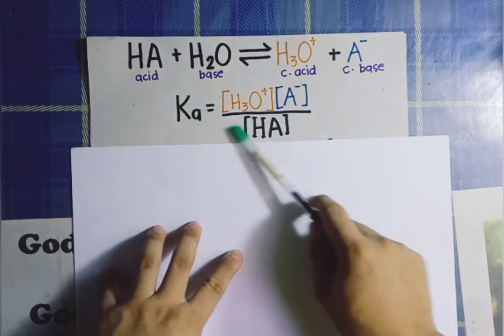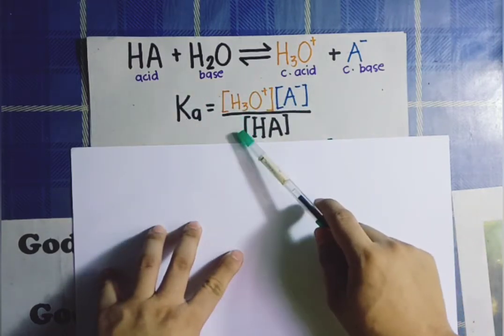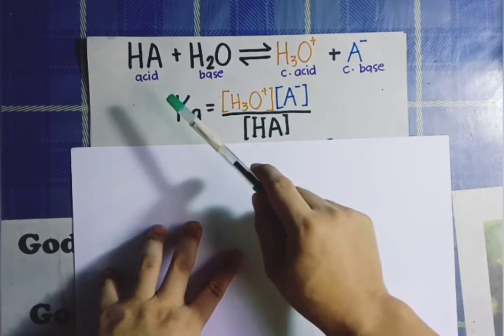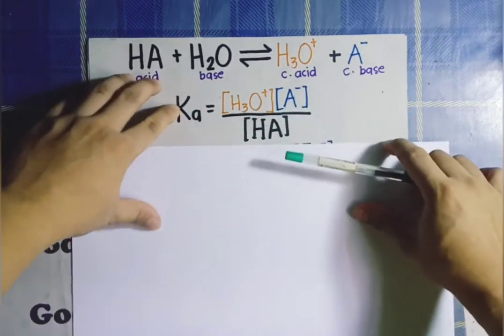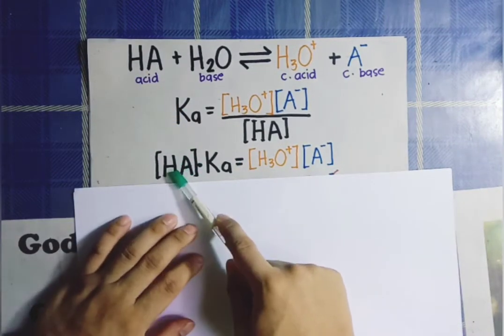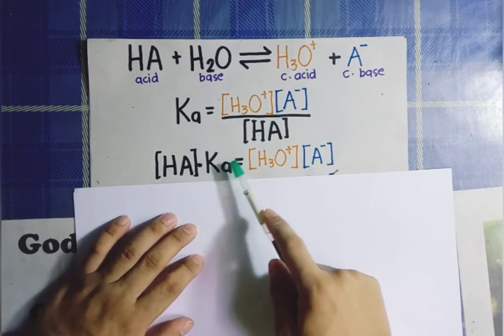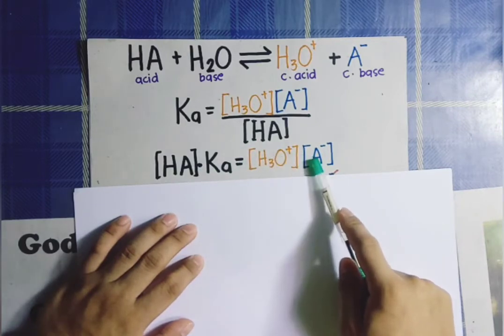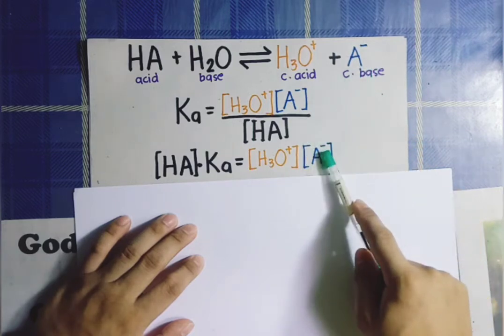Now, if we are going to rearrange this equation and cross-multiply this molar concentration of HA to Ka, then we will have the molar concentration of our parent acid, HA, multiplied by Ka is equal to the molar concentration of hydronium ion multiplied by the molar concentration of our conjugate base.